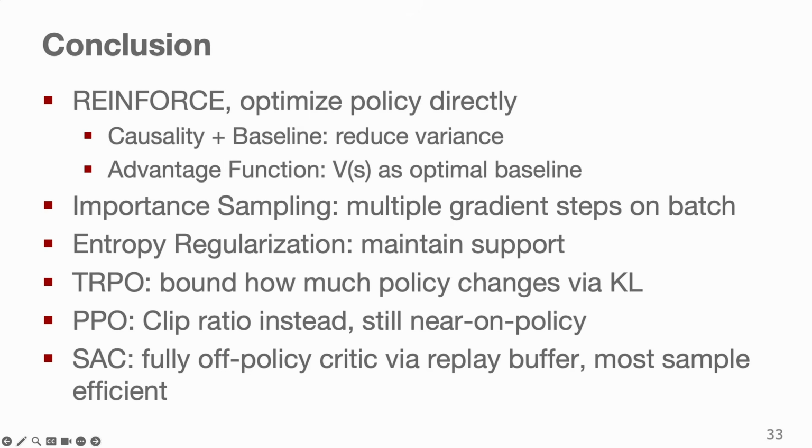And then we also looked at different ways to constrain the change between the policies with the KL divergence and also with PPO, the simplified clipping, to bound how much the policy can drift in a single update. And finally, we reached soft actor-critic, where we train the critic fully off-policy with a replay buffer, similar to what we saw last lecture with DQN.